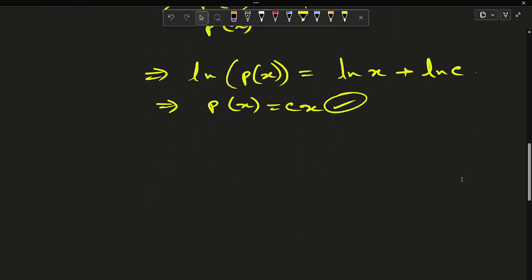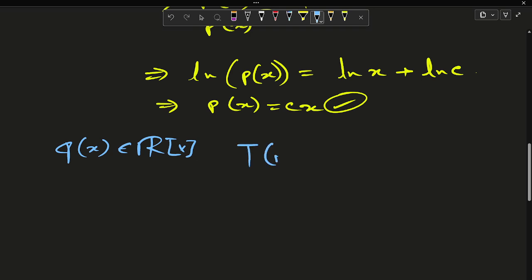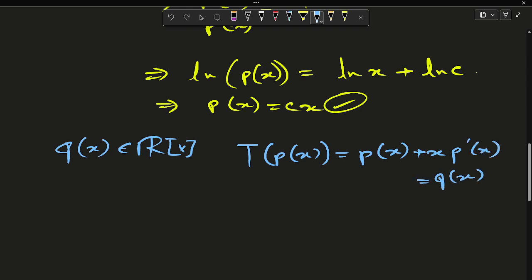Now we are going to check the surjectivity of T. To check if T is surjective, we determine whether for any polynomial q(x) belonging to R[x], there exists a polynomial p(x) belonging to R[x] such that T of p(x) equals p(x) plus x p'(x) equals q(x).